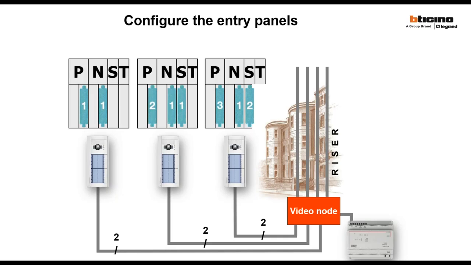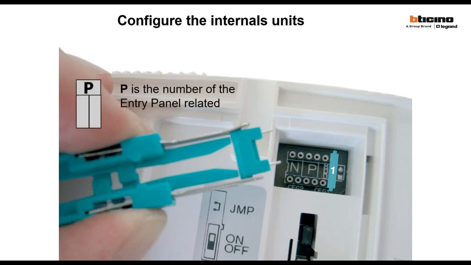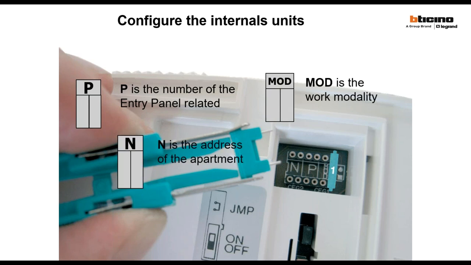We use the green configurators that are numbered from 0 till 9. We can compose units and digits. And as well inside the internal unit, we must configure N, that is the number of the internal unit.